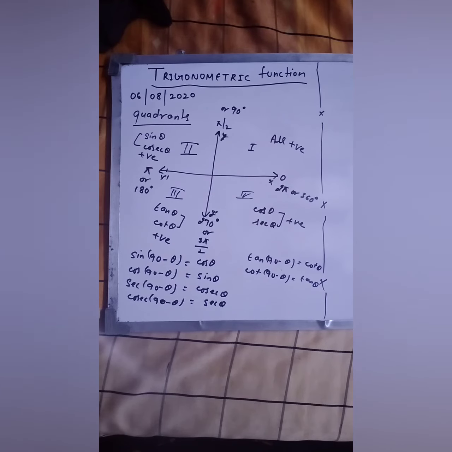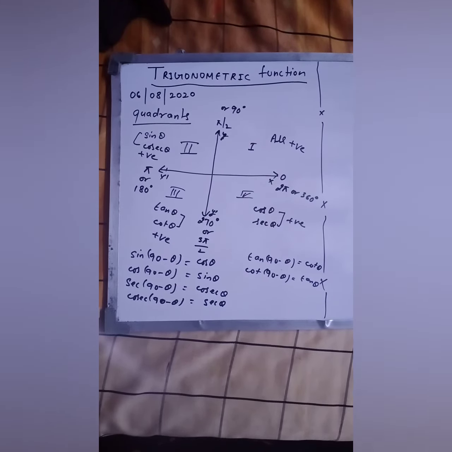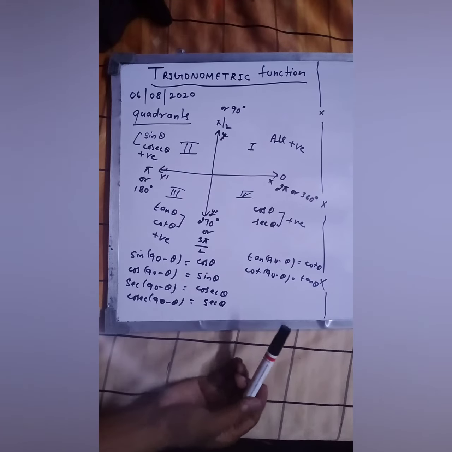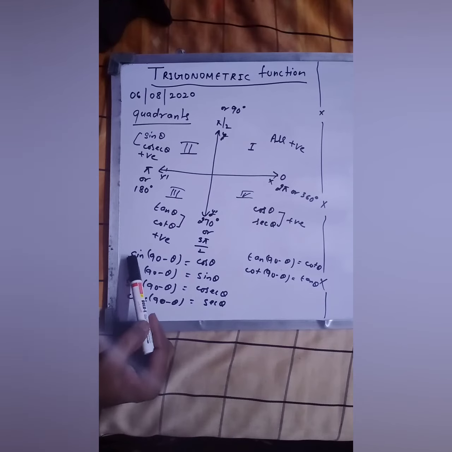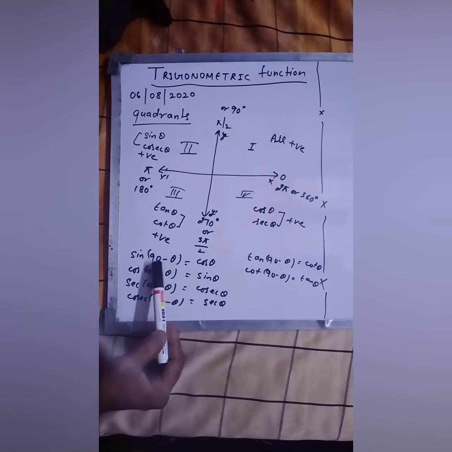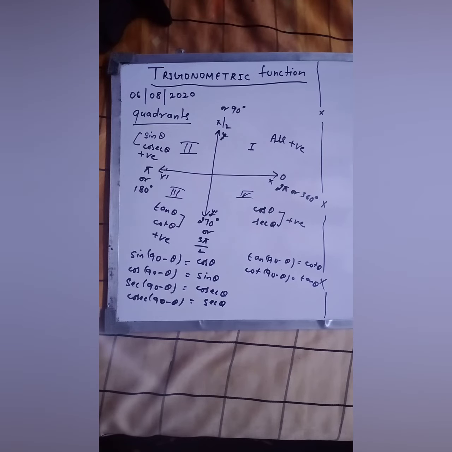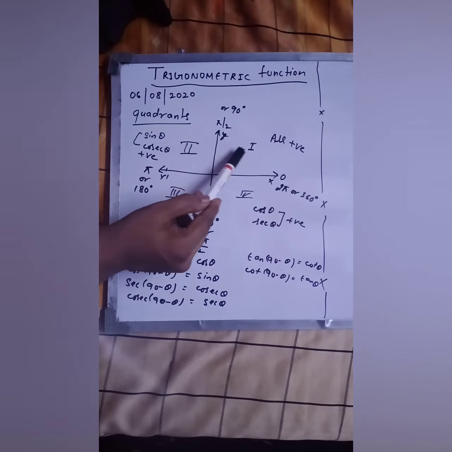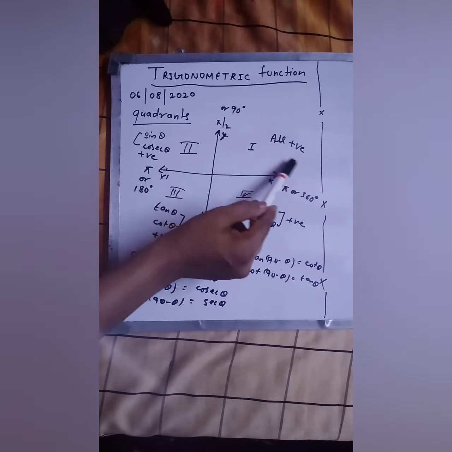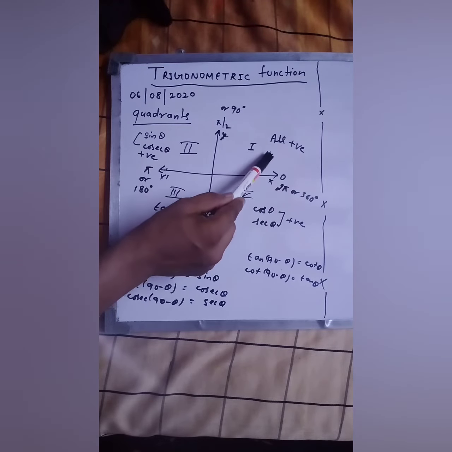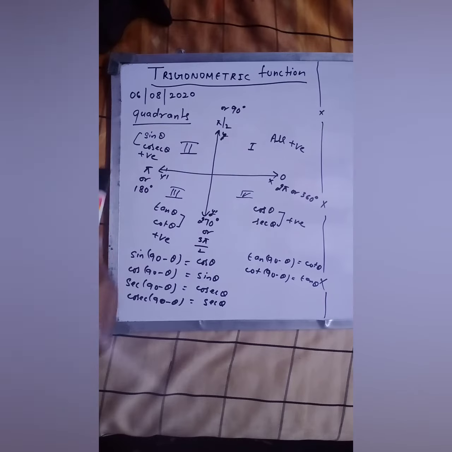Okay, fine. See, this is sine 90 minus theta. That means the value of theta is lying between 0 and 90 degrees. As we know, in the first quadrant all the 6 trigonometric functions are positive.